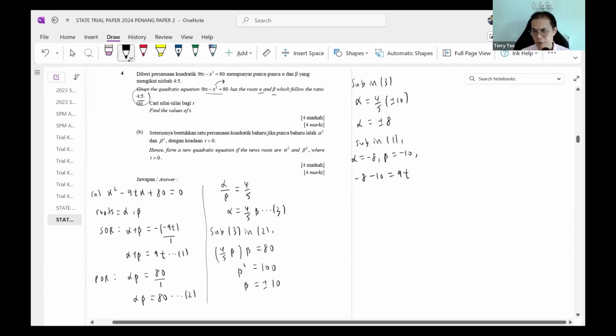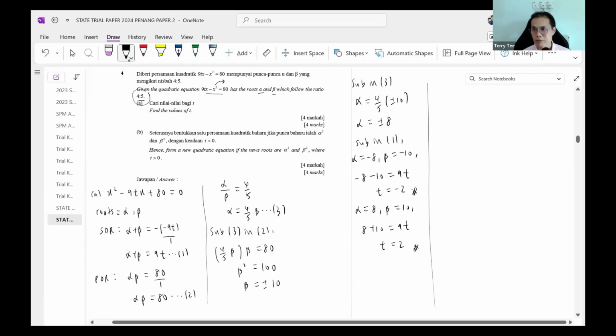This is negative 18 divided by 9, t is negative 2. If you take alpha equals 8, beta equals 10, then you get 8 plus 10 equals 9t. T will be 18 divided by 9, t is 2. So the possible value of t will be minus 2 or 2.